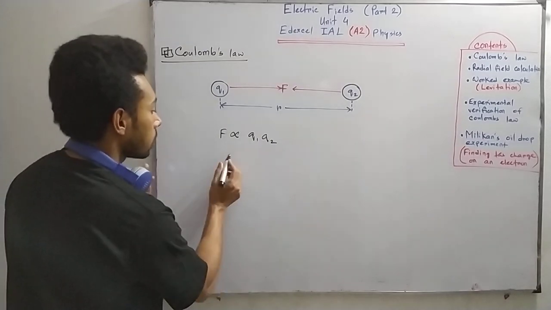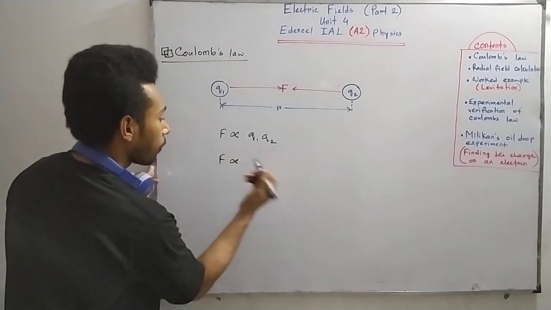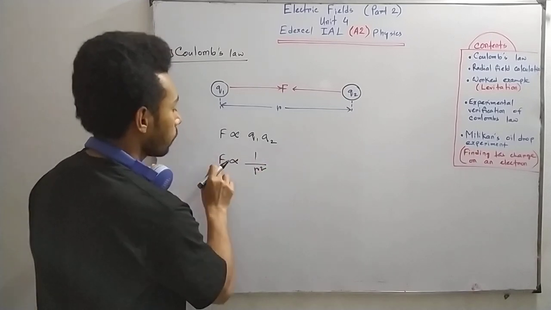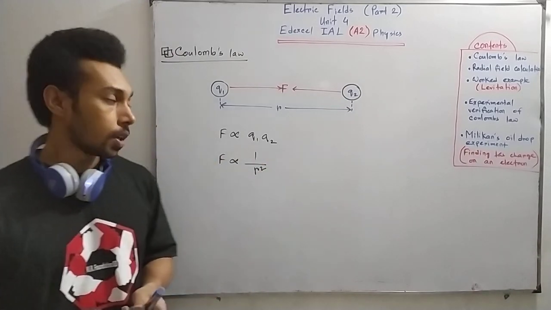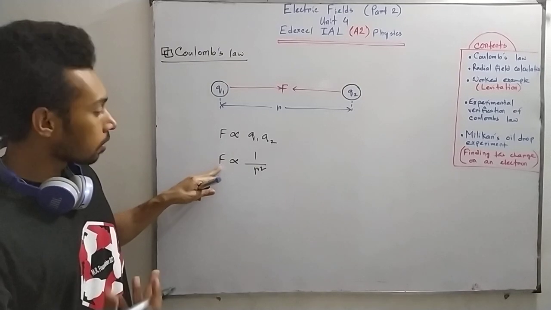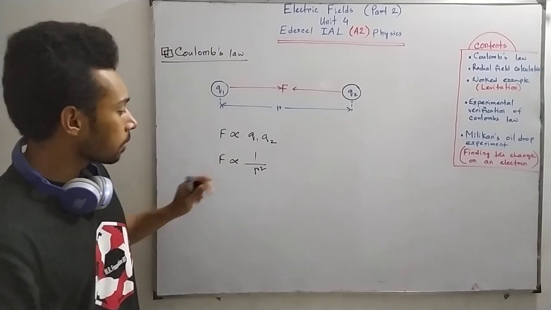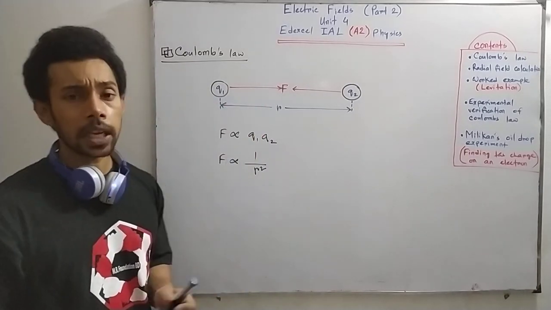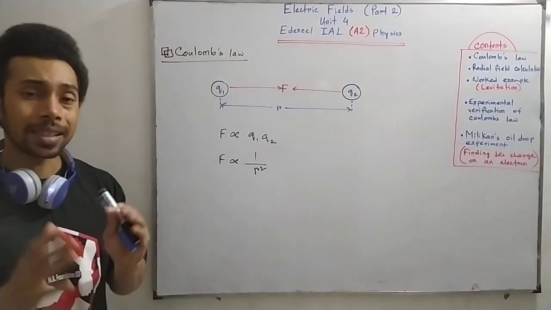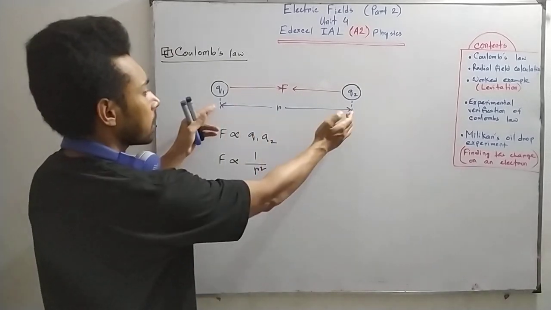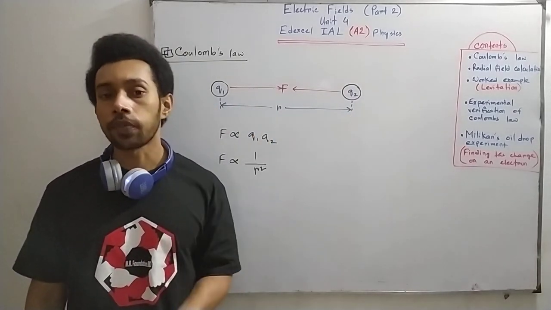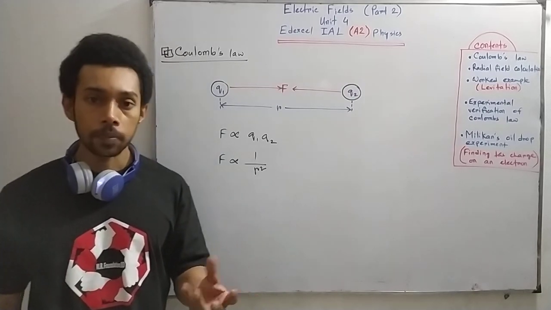And the further they are separated, the smaller the force of attraction will be. Okay, so the force of attraction or repulsion will be inversely proportional to the square of the separation between them. And while doing calculations, you have to consider the separation from center to center, whether it is a hollow sphere or solid sphere.